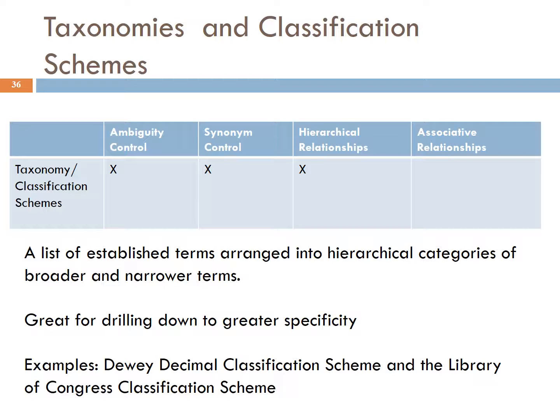One of the values of taxonomies or classification schemes for digital collections is that they can be used for user browsing, allowing the users to drill down from a small set of broad categories into increasingly more specific subcategories.